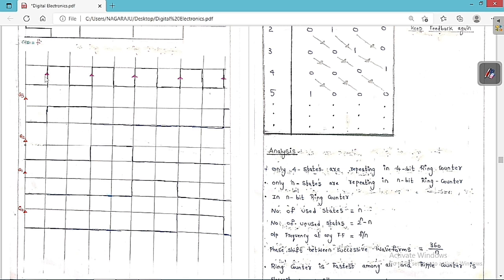Whenever the clock input is given, this 1 goes to Q3, then to Q2, then to Q1, then to Q0, and then it is going to repeat. Again we get the same repetition: again here 1, again here 1, again here 1. So this is the repetition that we are going to get. I have drawn it in this pictorial format. Now I will draw it in the tabular format.